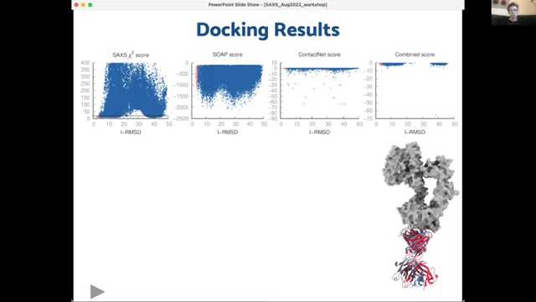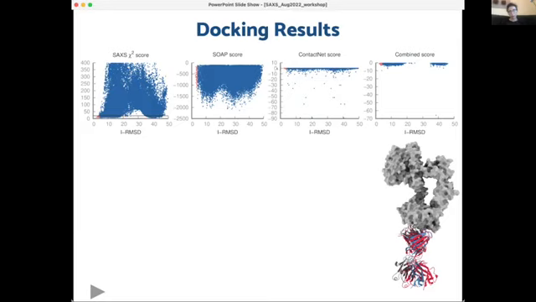Now we can look at the statistical potential score, and we can see that it doesn't separate the models very well. And the good models have scores all over. Similarly, the ContactNet score, also an interface score based on deep learning, excludes quite a lot of models, which are given a score of 0.